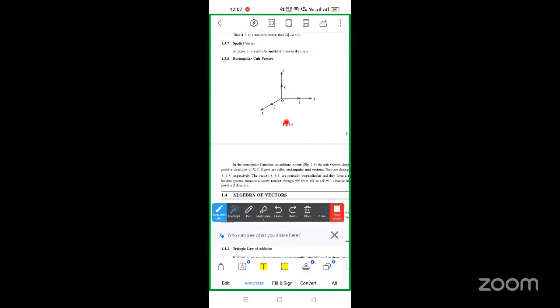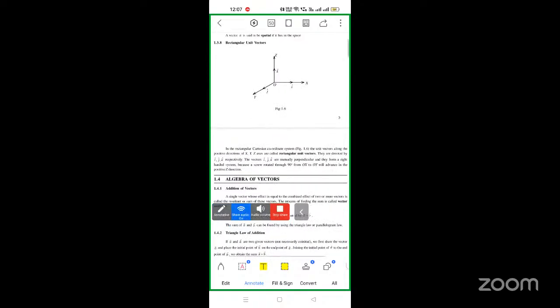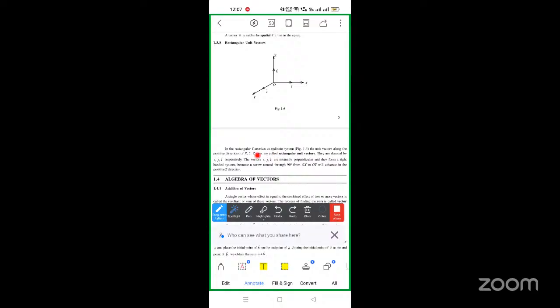Rectangular unit vectors. In the rectangular coordinate system, this is the origin, x-axis, y-axis, z-axis. The unit vectors along the positive directions of the x, y, z axes are called rectangular unit vectors.